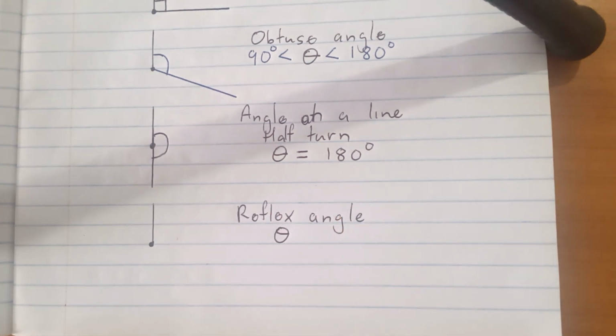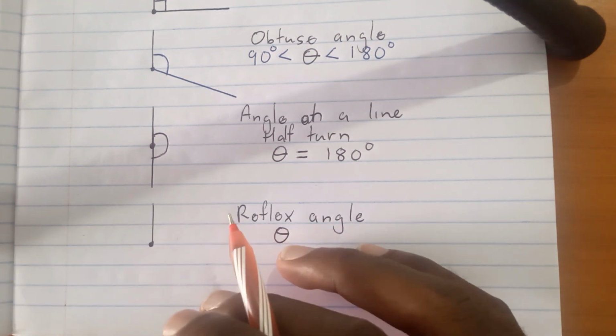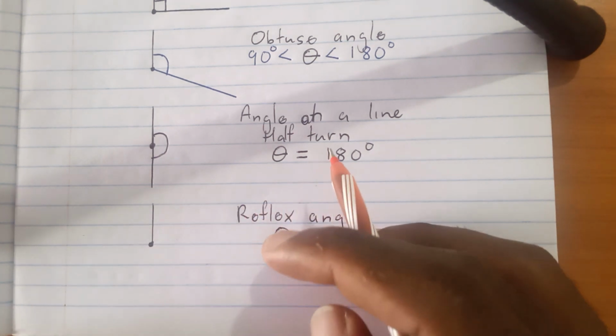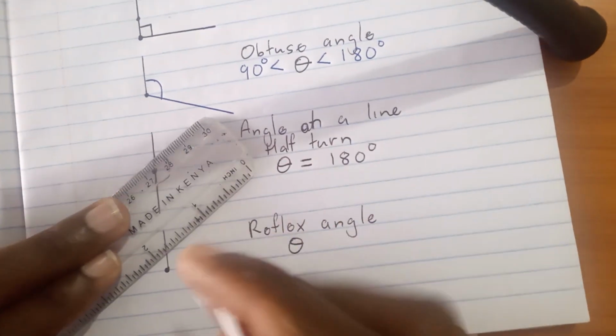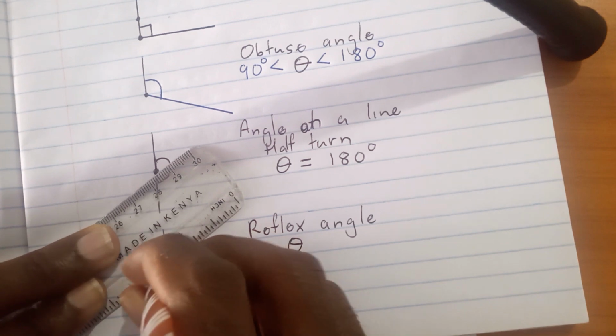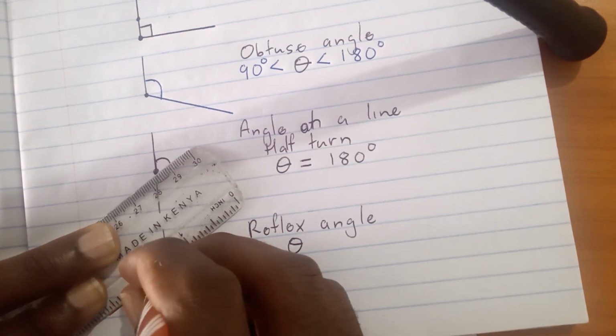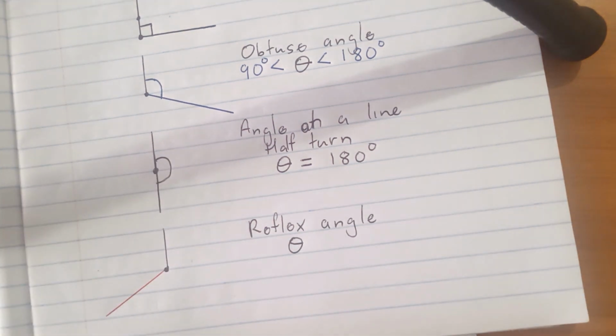Then the last angle we have is the reflex angle. These are angles that are more than 180 but less than 360. They are not yet a full turn. And how will those look? They will have a line like that, okay?